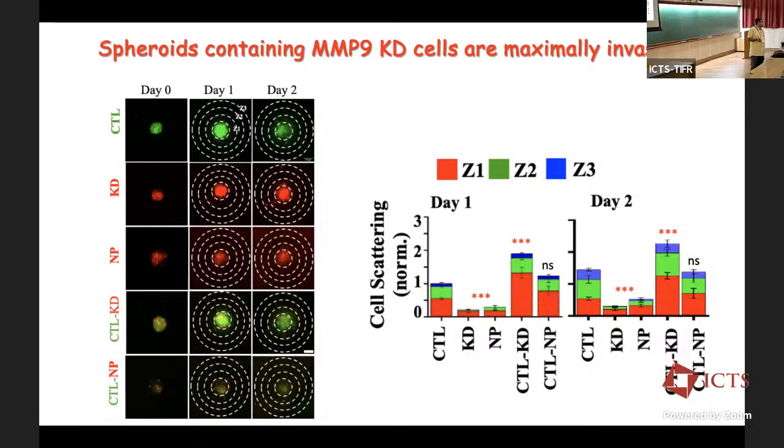This suggests that proteolytic heterogeneity is actually benefiting invasion in some ways. The same difference is amplified at day 2. When I combine my control and non-proteolytic spheroids, they are not migrating as much; they are just similar to my control cells.